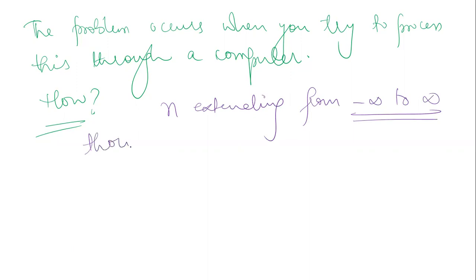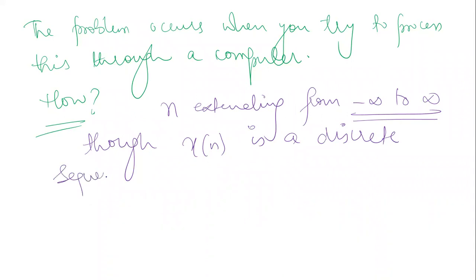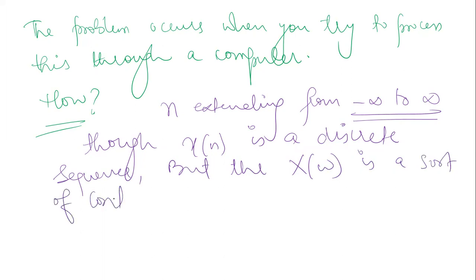Though your xn is a discrete sequence, the X of omega is a sort of continuous, right?